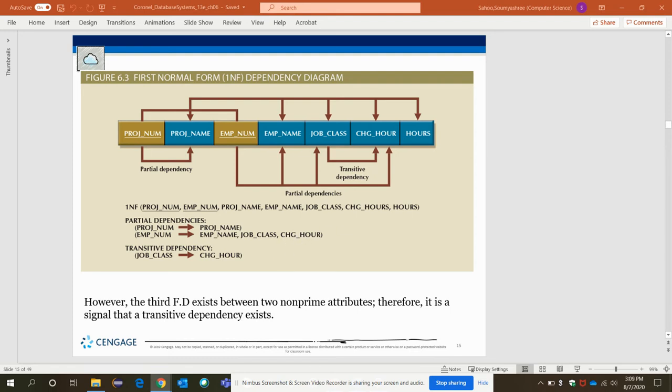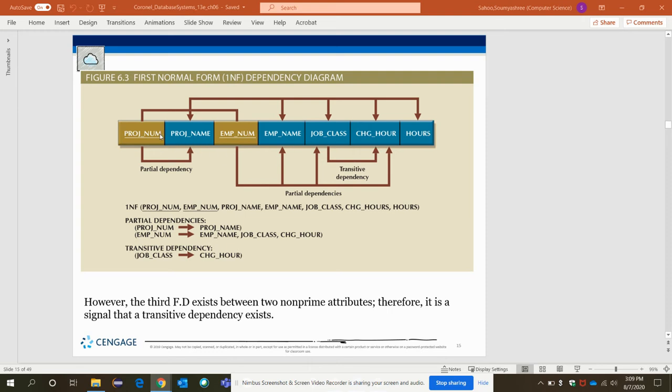Okay. So in this way, you need to find out which are the dependencies. And there is another thing I need to mention here, that is non-prime attributes. However, the third functional dependency exists between two non-prime attributes. So, what is a prime and non-prime attribute? Let's say in a functional dependency, the project num, EMP num determine all the rest of the attributes.